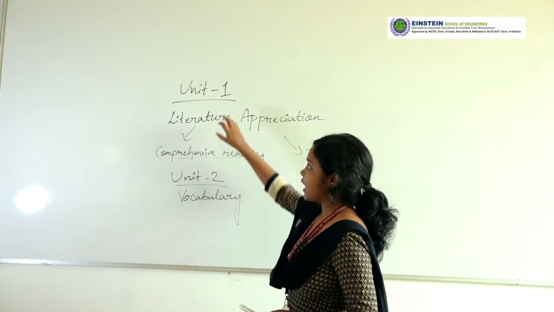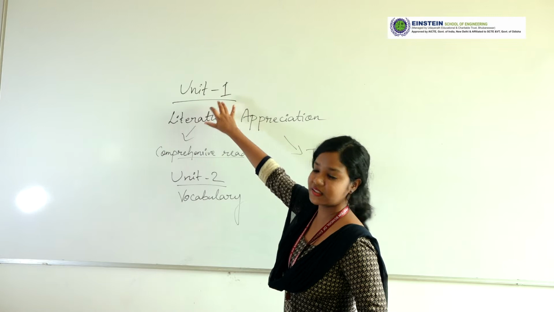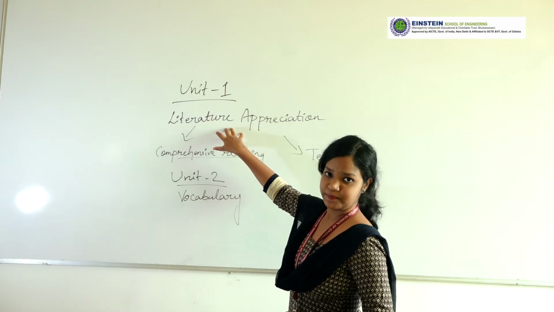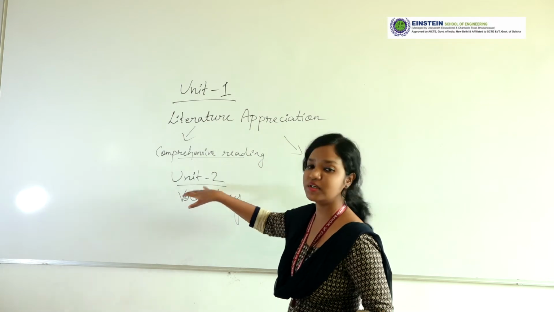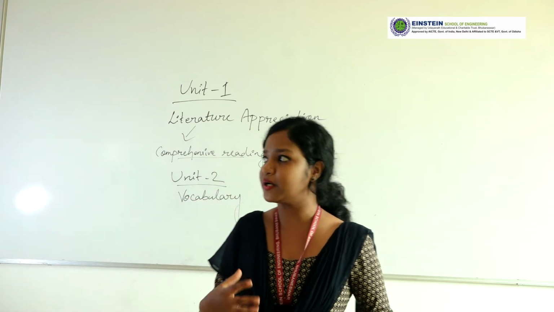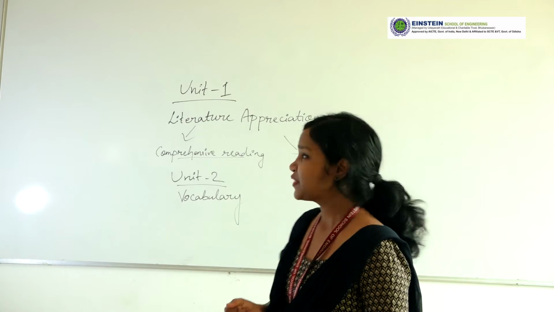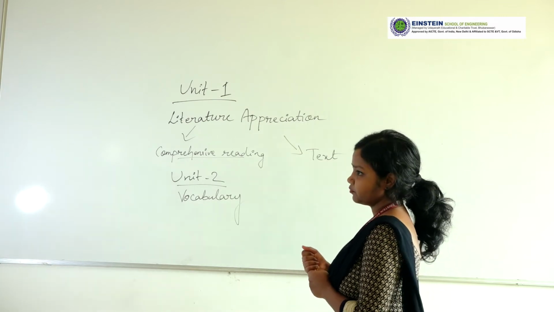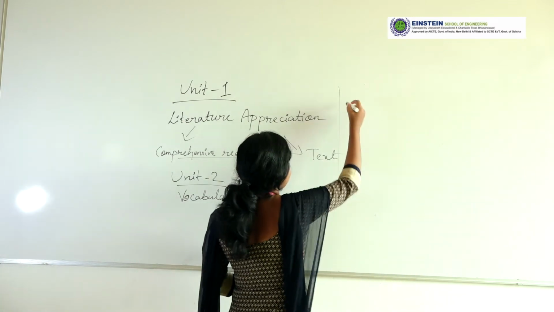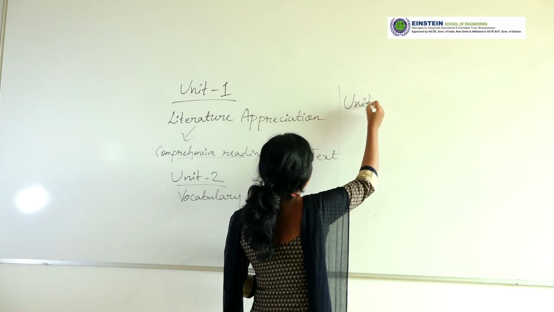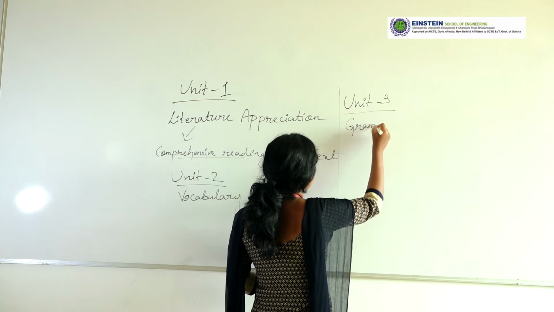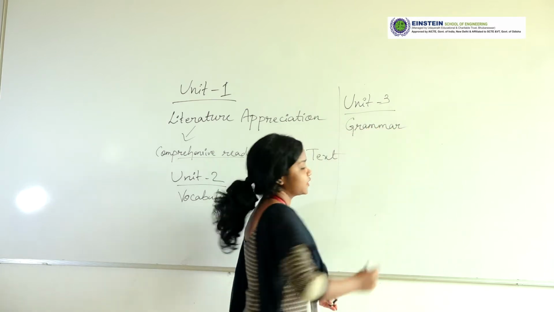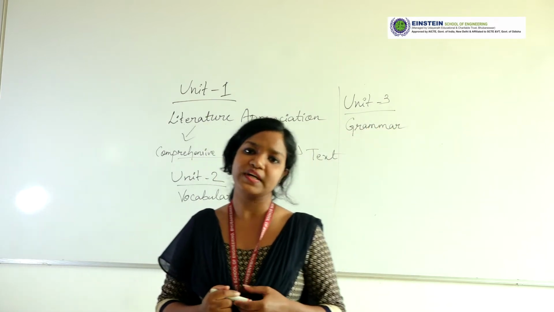So after completing unit 1, where they study literature and how to take out the meaning from literature, and after reading unit 2, where they learn to add more words to their vocabulary, then comes the next unit, that is unit 3, that focuses on grammar. The third unit is application of English grammar.